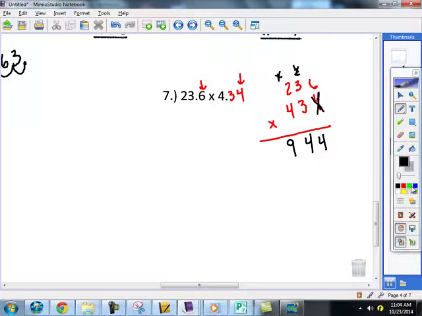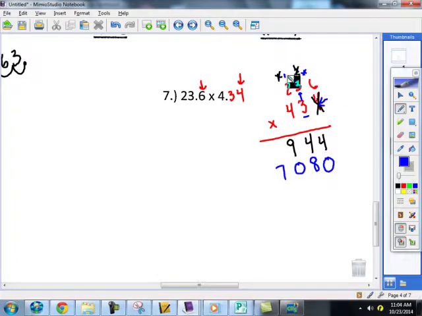Now, since we're on the next number here, we've got to put one placeholder to account for that one we x'd out. 3 times 6 is 18, carry 1. 3 times 3 is 9, plus 1 is 10, bring a 0 down, carry 1. 3 times 2 is 6, plus 1 would be 7. Okay?